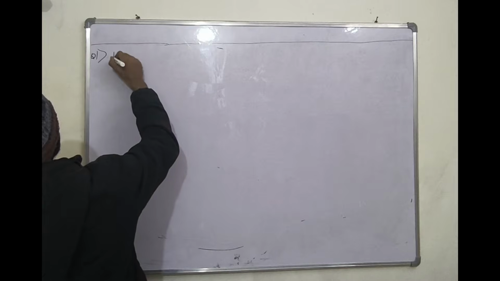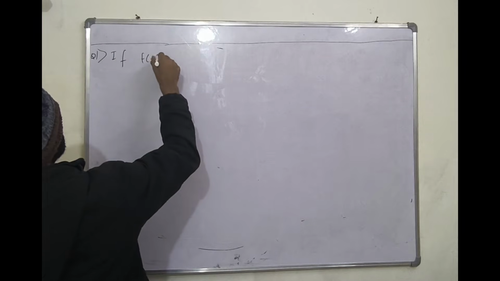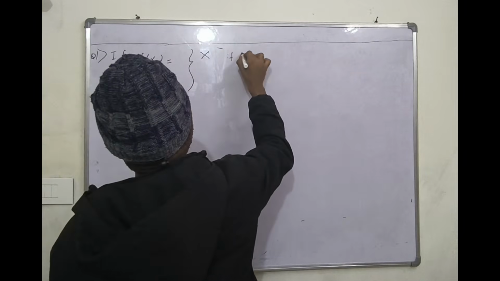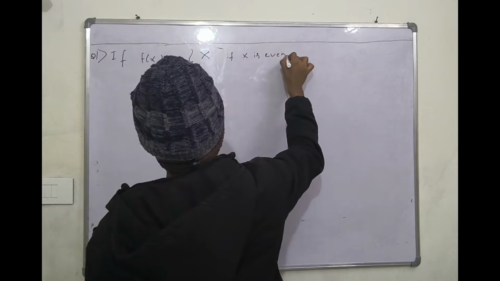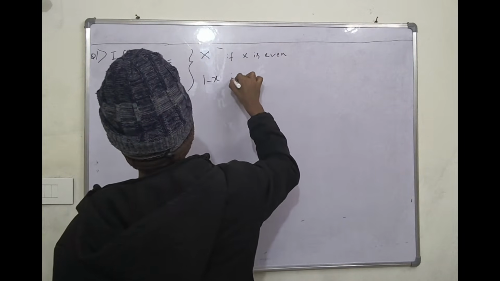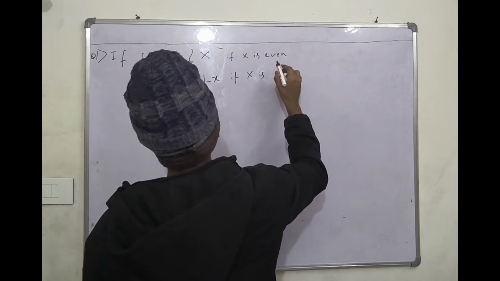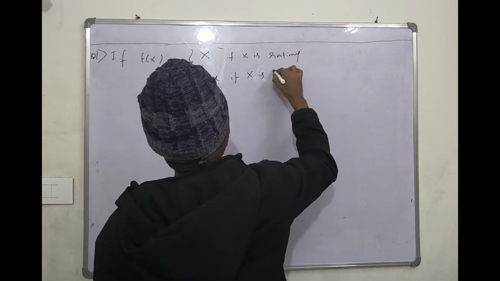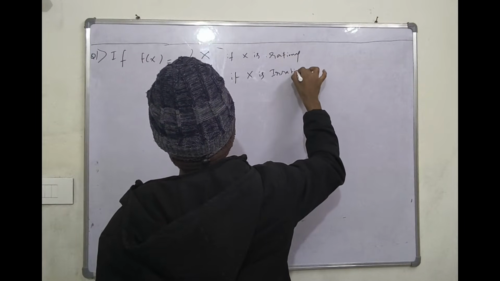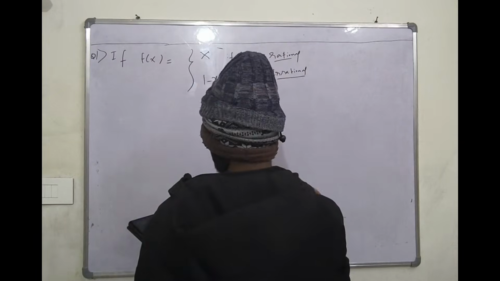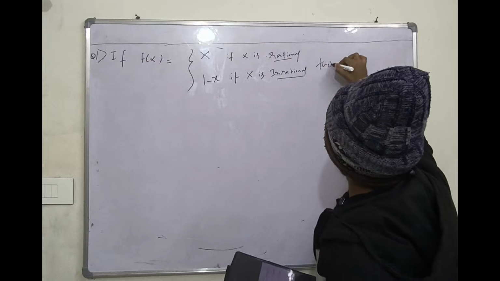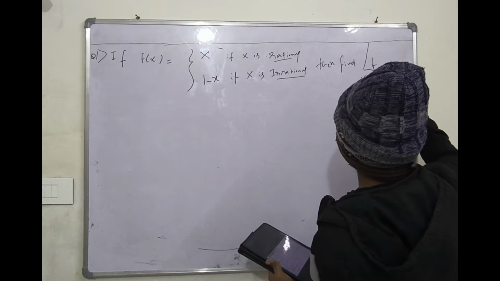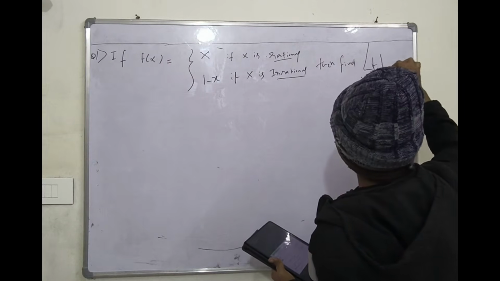So question number 1: if f of x equals x if x is rational, 1 minus x if x is irrational, then find limit x tends to 1 by 2 of f of x.